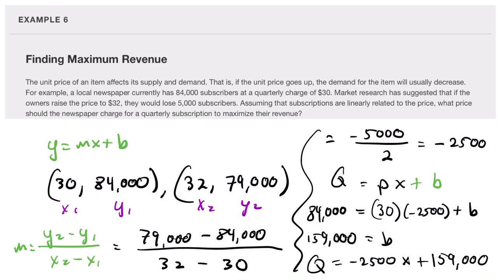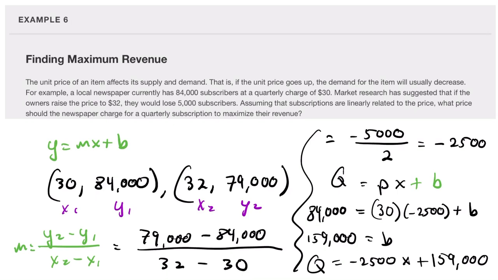Let me see. 32. Siri, what's negative 2,500 times 32 plus 159? Negative 2,500 times 32 plus 159 is negative 79,841. I didn't say it right. 32, right? Siri, what's negative 2,500 times 32 plus 159,000? That is 79,000.